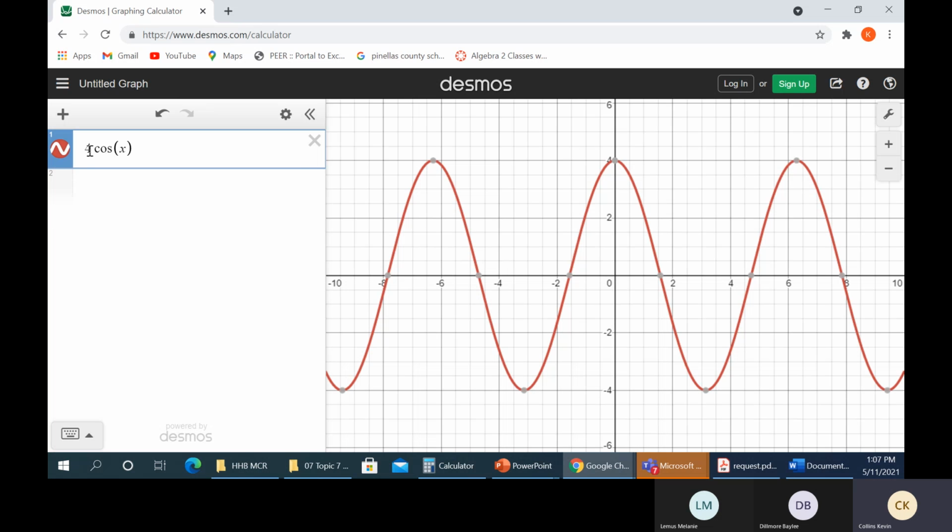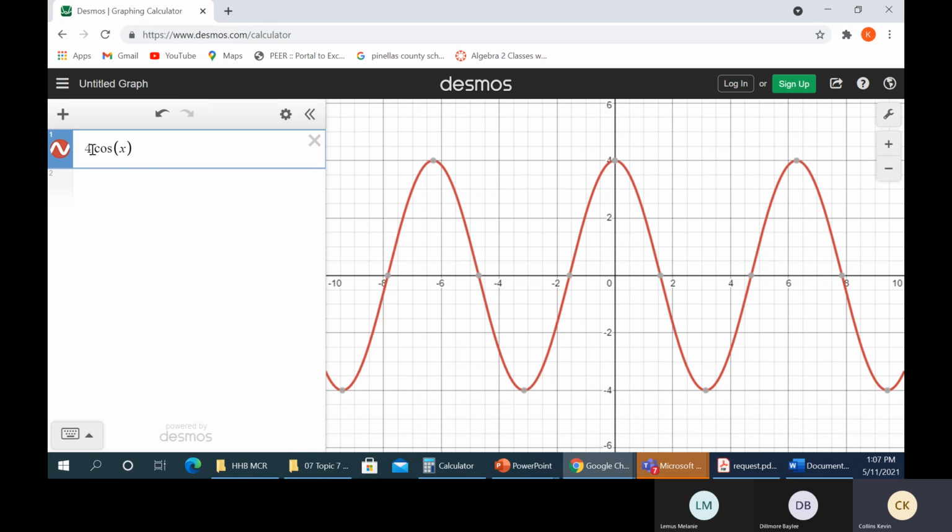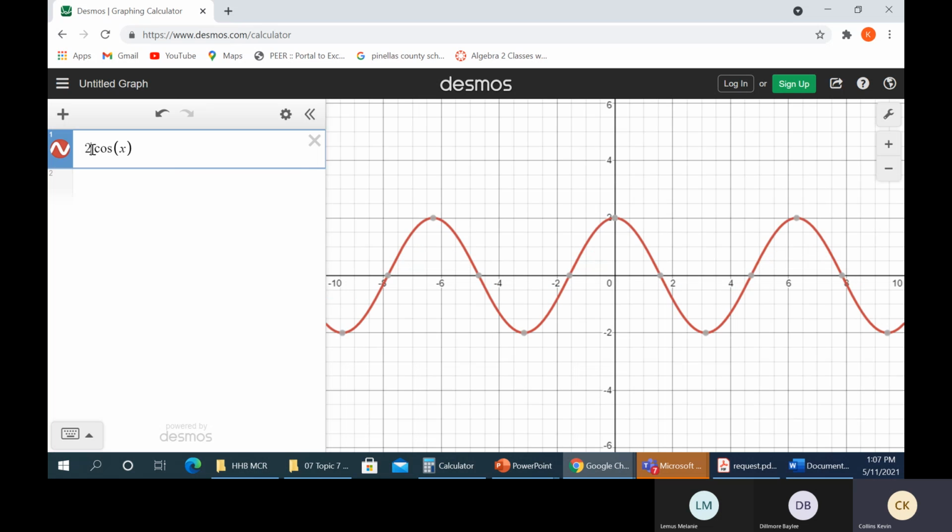All right, so let's drop him back down a little bit. So we'll give it 2 so we can see it a little better. So that's one thing we can do. Another thing we can do, just like we've done in the past, is move it up and down just by putting a number on the outside. Now, the number is not part of the cosine.